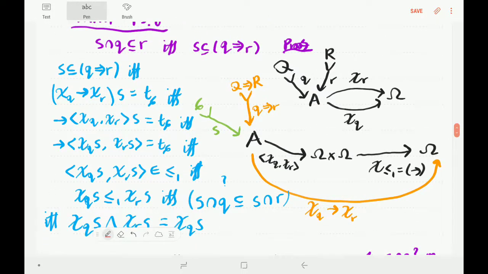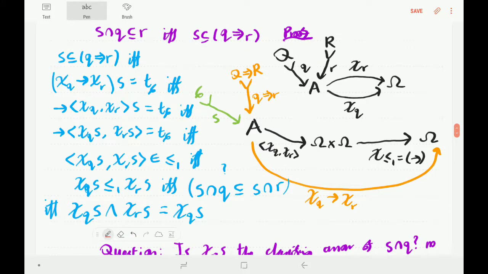And so here we go. This is a hard one, I think, or at least it's not easy to read in McLarty's book. It's one of those where he's a bit too laconic for his own good. Anyway, S is contained in Q double arrow R. What does that mean?